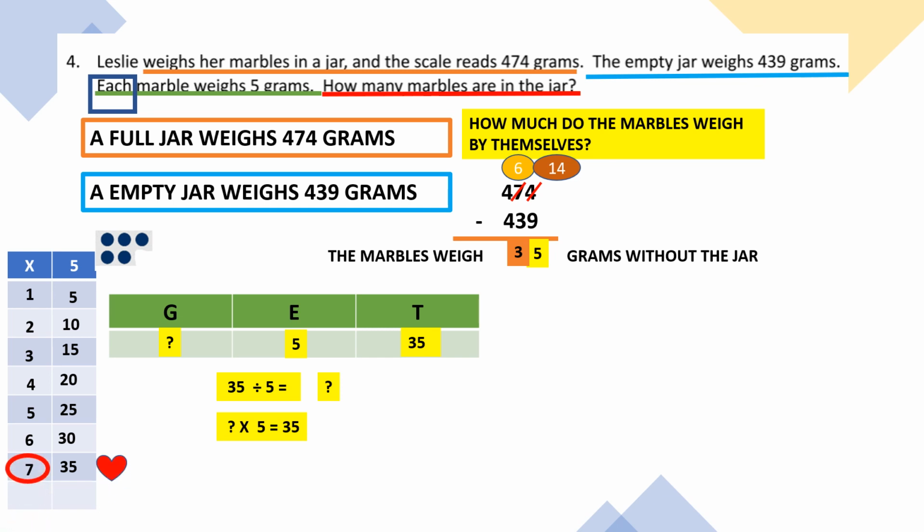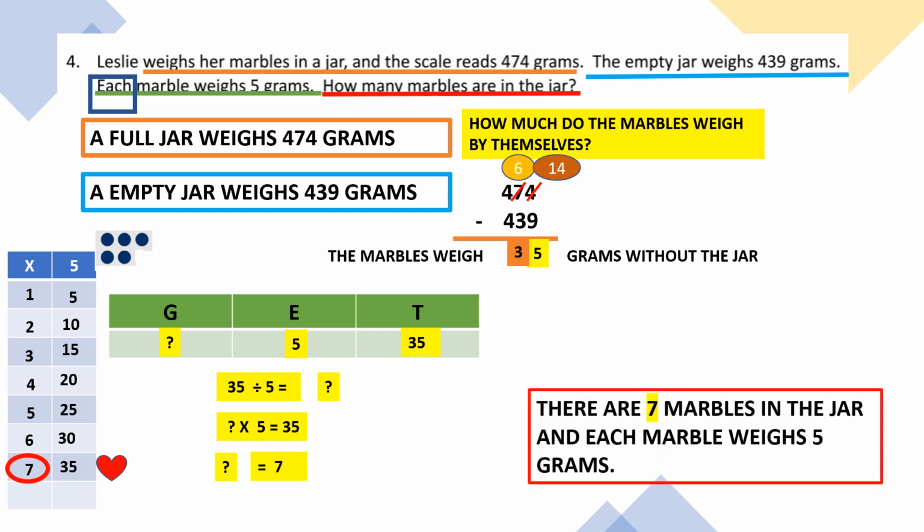So I've made it to 35, which means 7 is my answer. So my unknown number is 7. So that means that there are 7 marbles in the jar, and each marble weighs 5 grams. That should be your answer.